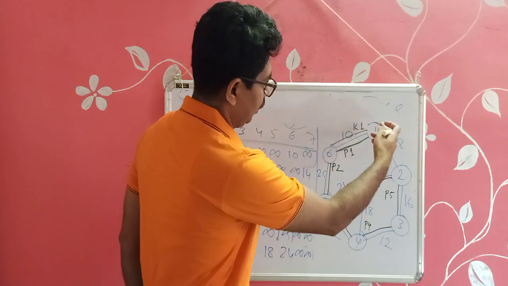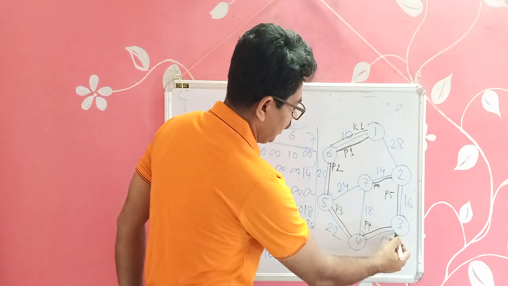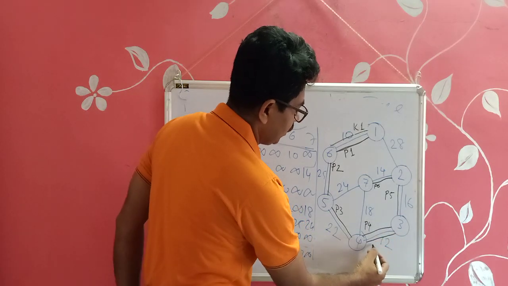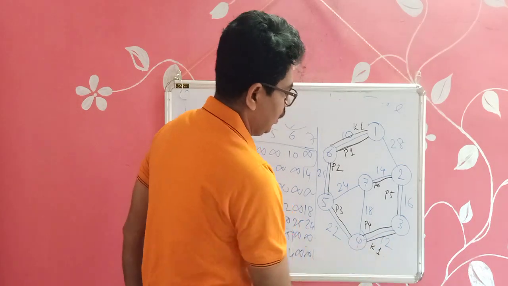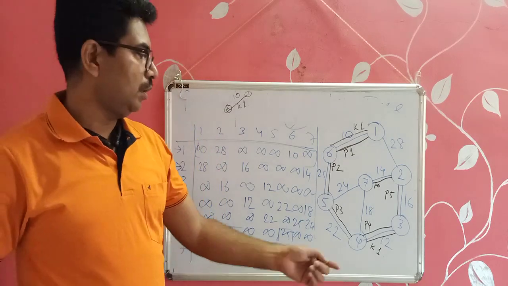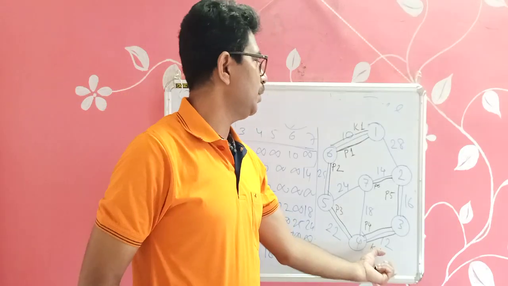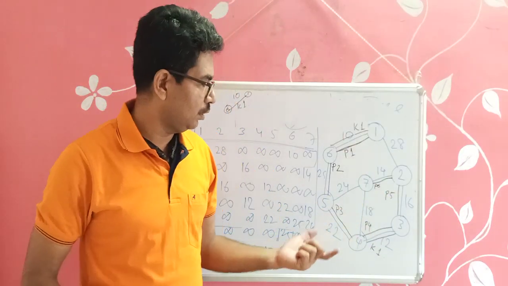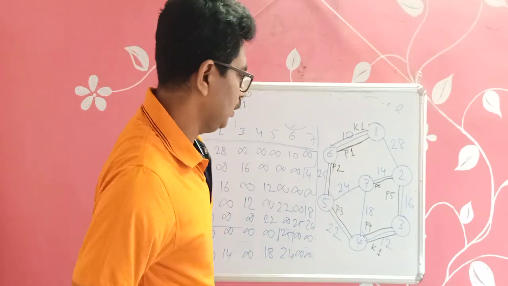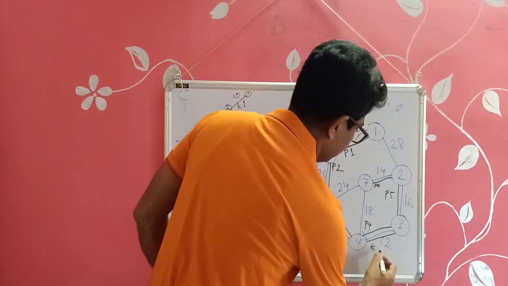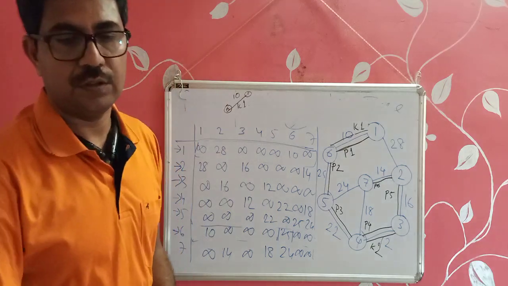Since this is in sorted order, easily you can find the next edge to be connected. And always we have to check whether the new edge that has been selected is creating a cycle or not. Sorry, this will be K2 because it has been selected by the second execution.